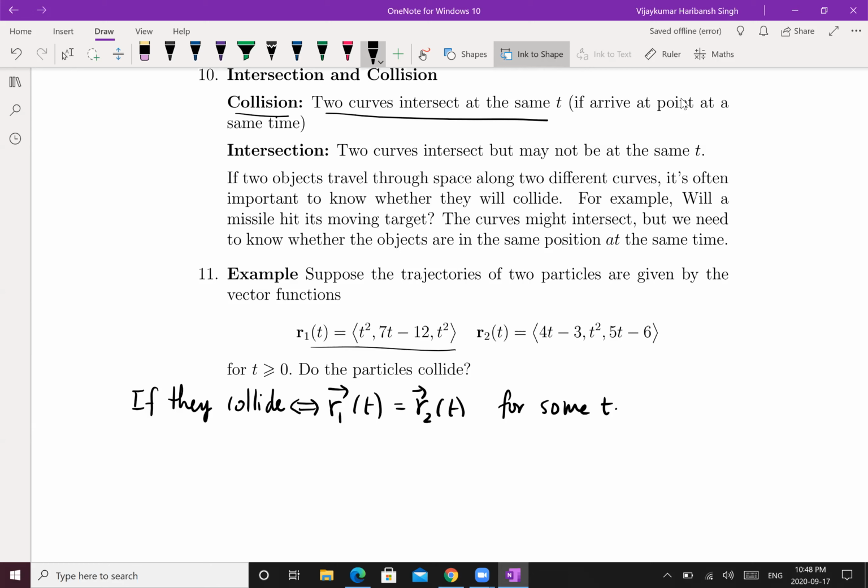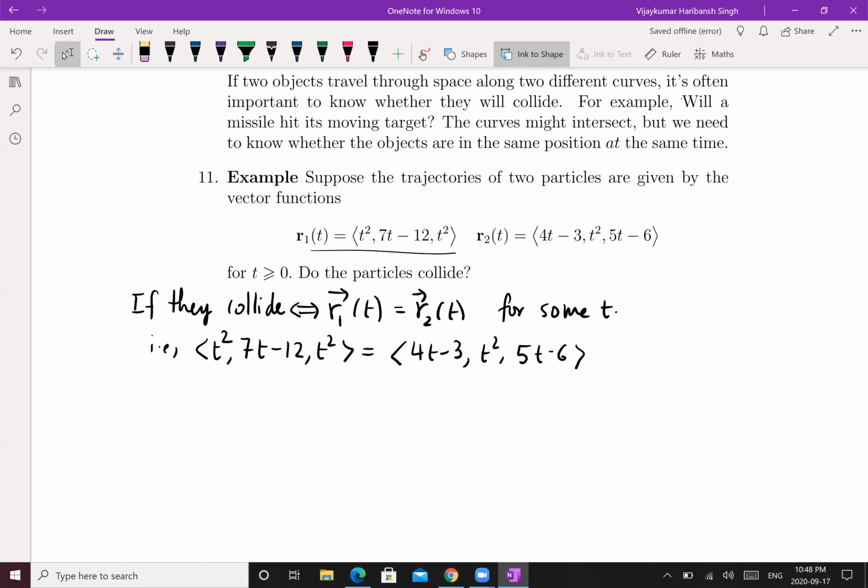So now the problem has reduced down to this algebraic problem. That is, t square, 7t minus 12, t square equals 4t minus 3, t square, 5t minus 6. Now we need to solve this equation and see if there's a common solution.